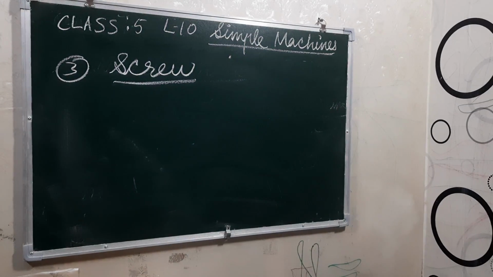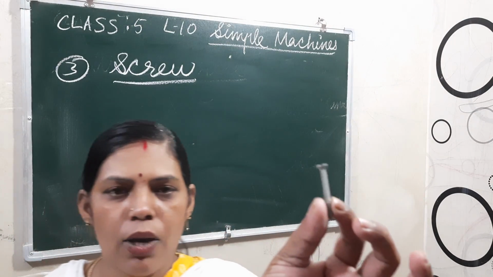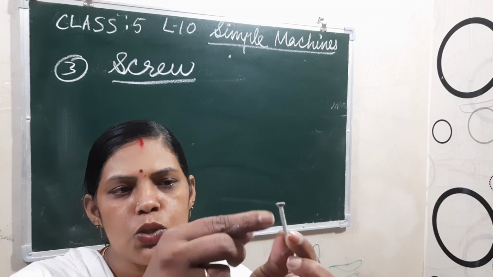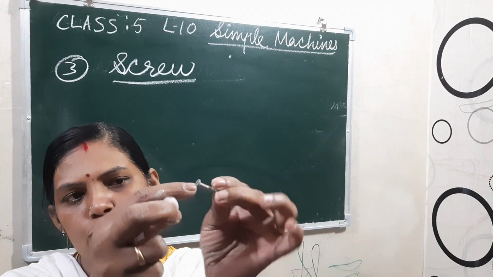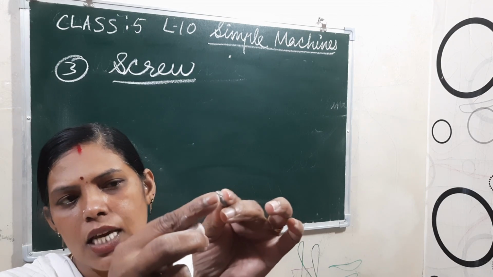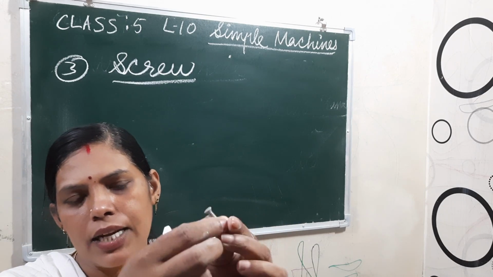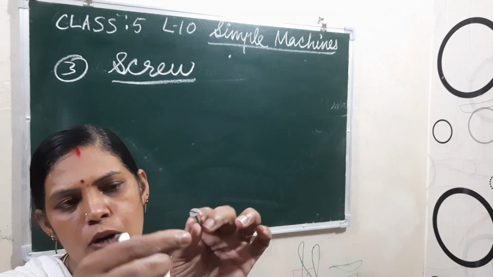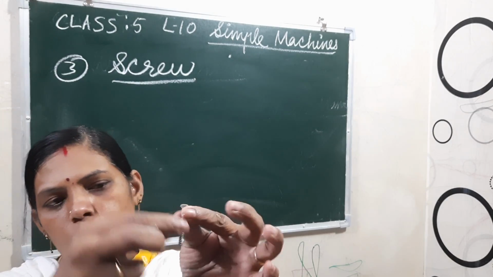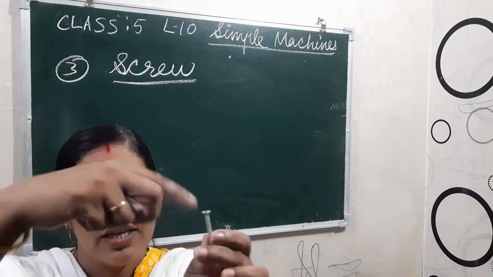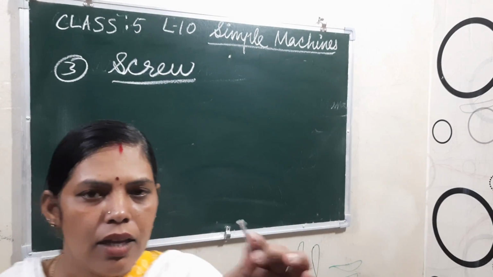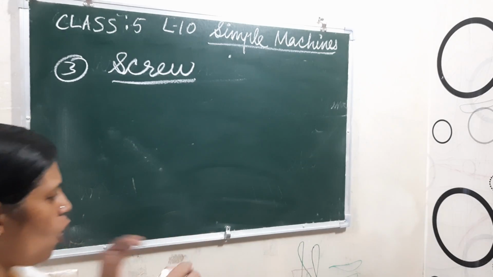This is the screw, right? If you see it from the top, you can see two portions, one here and one on this side. So it is also a slope or inclined plane, and this is the rod, and they wound it around. So it acts as a spiral, so it can hold things.